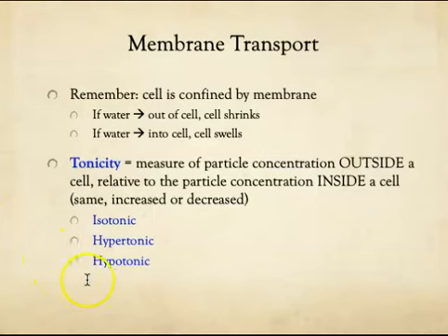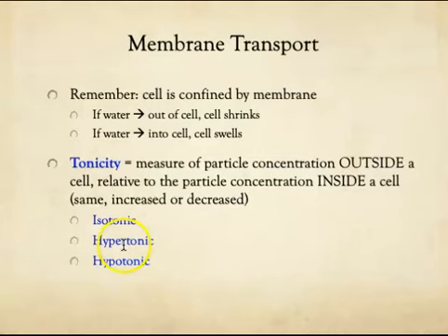So if you look at these words, if you translate them, the tonic part of the term means tone. Iso means same. So same tone means same concentration on both sides of the membrane. Hyper means more or increased.